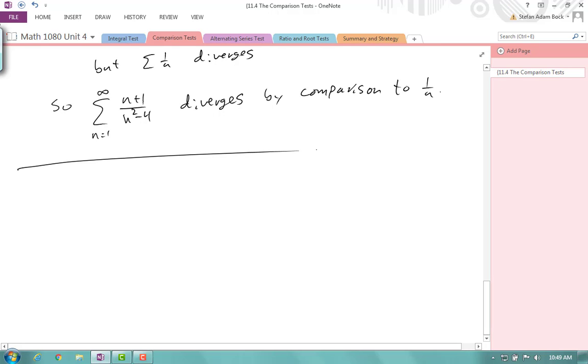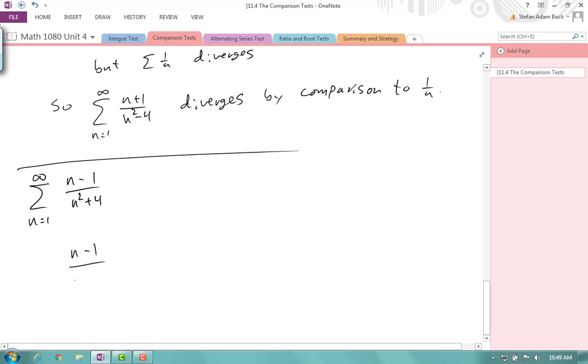But I have to be very careful with problems like this, because if my inequalities aren't laid out in the right direction, you might end up saying something you don't really want to say. So let's say I switch the signs around on this problem. I'll have n minus 1 over n squared plus 4.